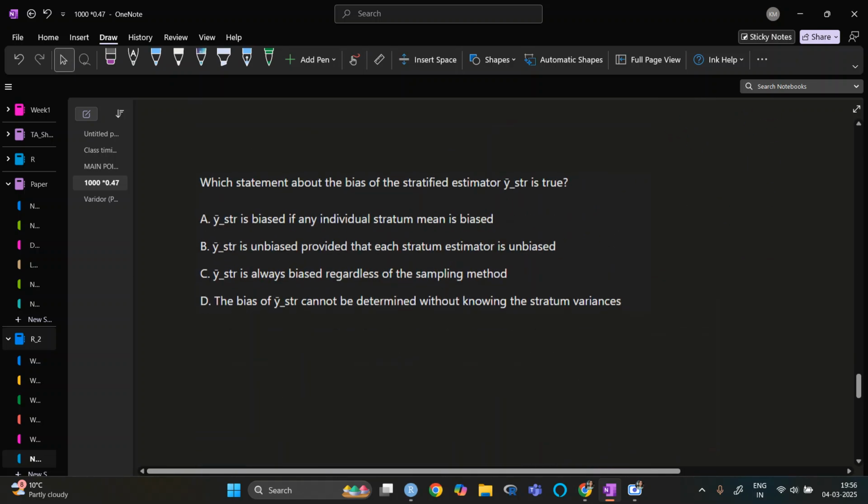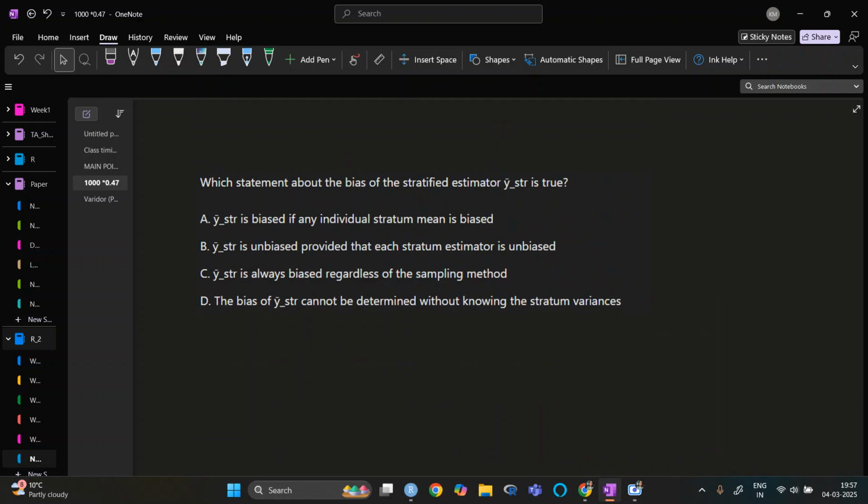The next question is: which statement about the biasedness of the stratified estimator y bar str is true? Y bar str is biased if an individual stratum mean is biased. Y bar str is unbiased provided each stratum mean is unbiased.